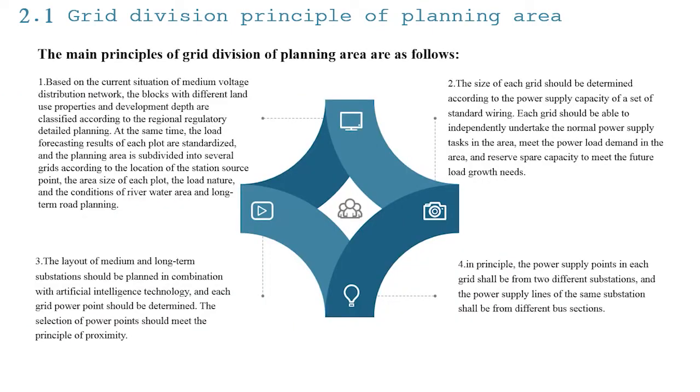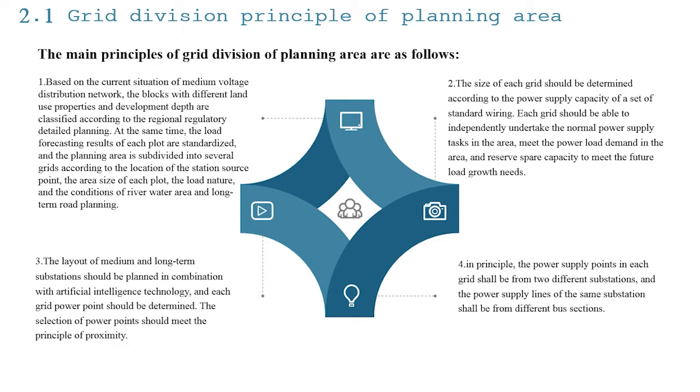The main principles of grade division of planning area are as follows. First, based on the current situation of medium voltage distribution network, the blocks with different land use properties and development depths are classified according to the regional regulatory detailed planning.